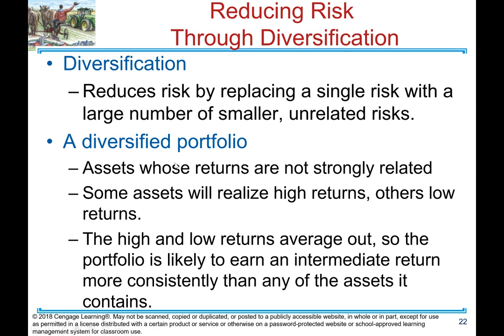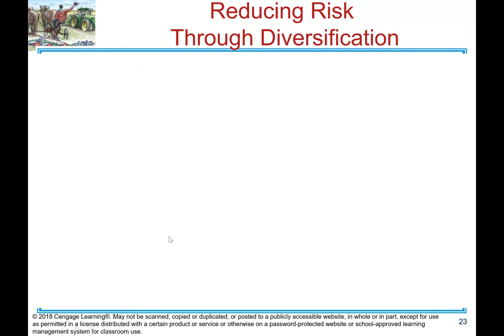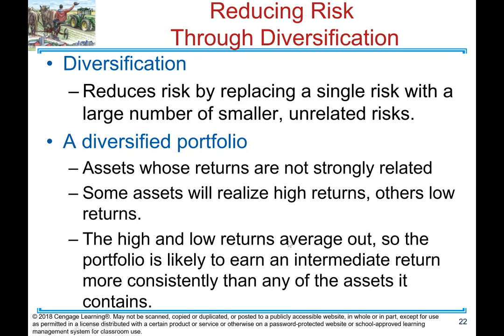Consider a diversified portfolio of assets whose returns are not strongly related. Some assets will realize high returns, others low returns. The high and low returns average out, so the portfolio is likely to earn an intermediate return more consistently than any of the assets it contains.